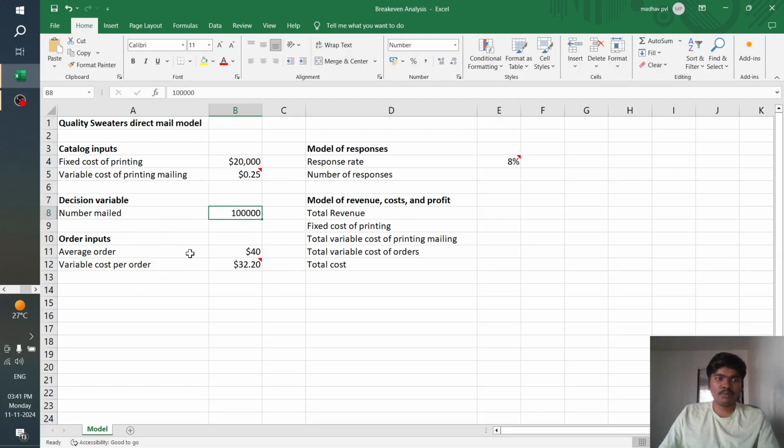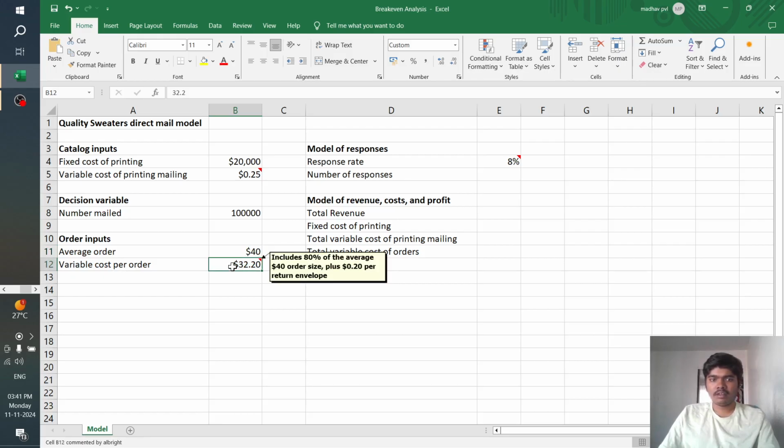After mailing that many catalogs, we have a response rate of 8%. That means if these many are mailed, we get a reply from 8% of them. Then, from the inputs, those 8% who respond give an average order of $40, and the variable cost per order is 32.20.